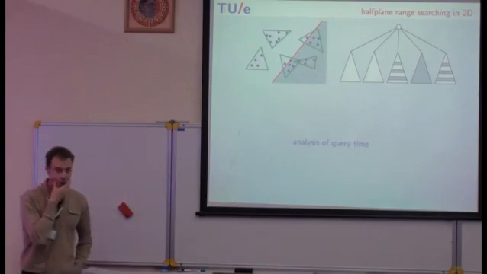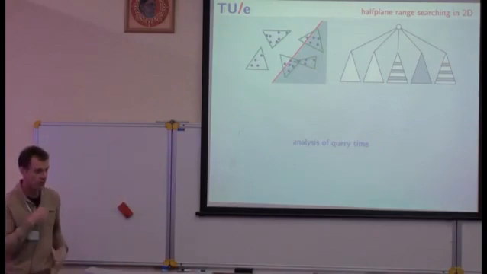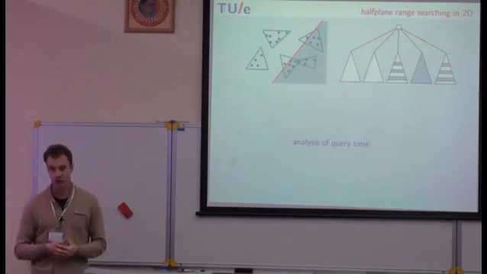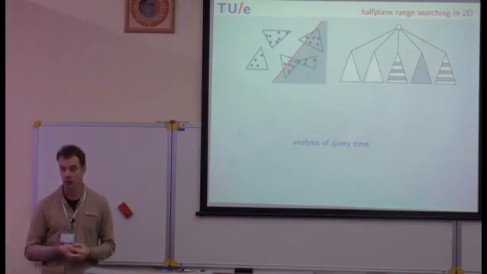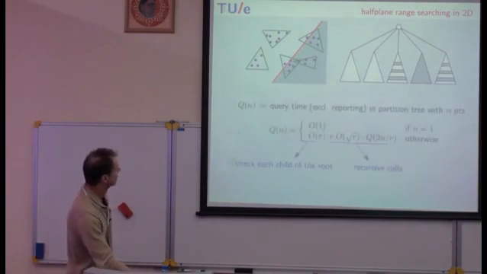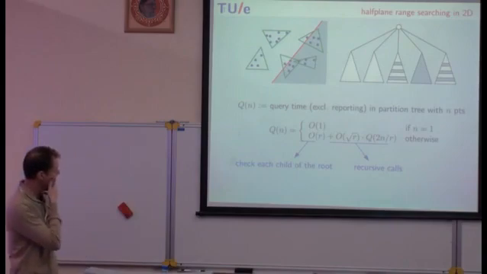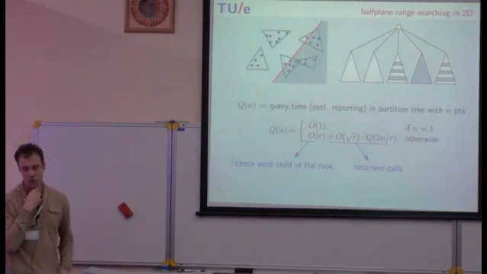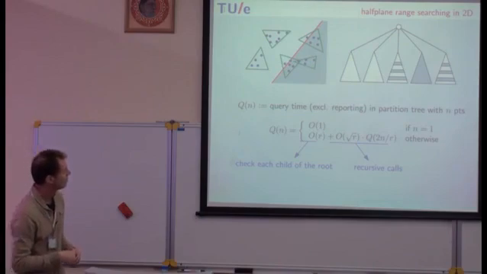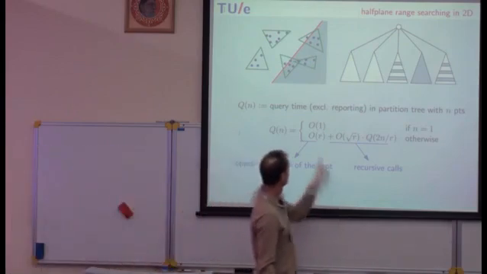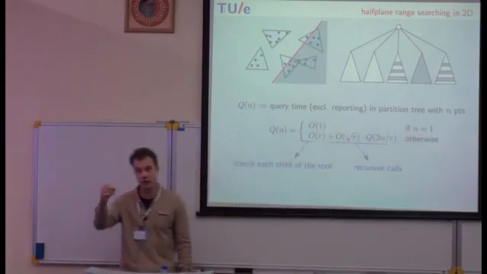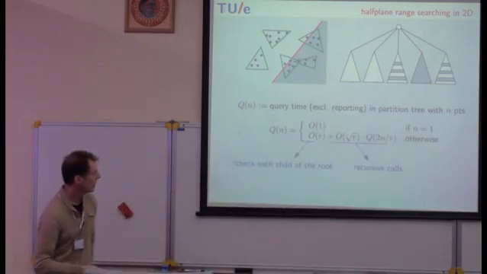So what about the query time? It's a recursively defined structure, so we're going to write a recurrence. So here's the recurrence. If Q(n) is the query time, let's look at the counting version. If you're at the leaf, it's constant time. You check whether the point is inside the half plane.